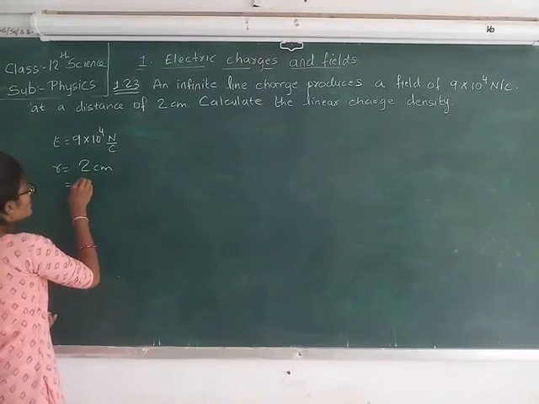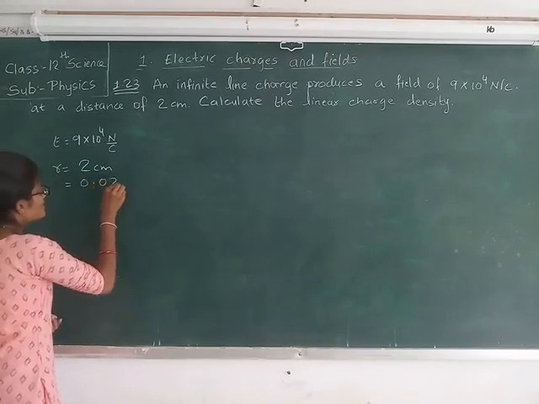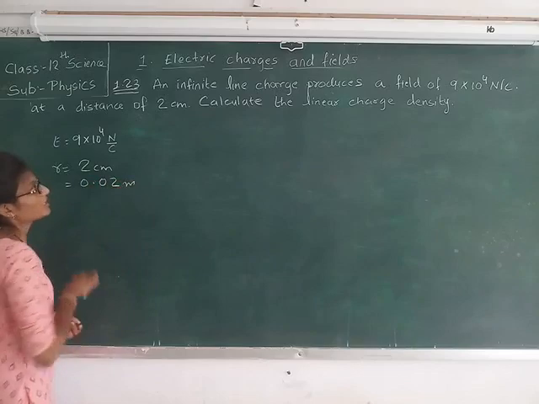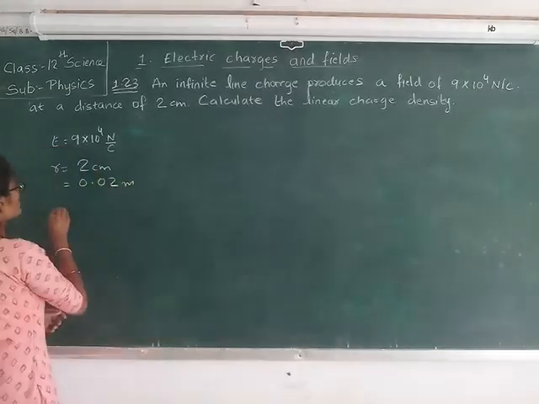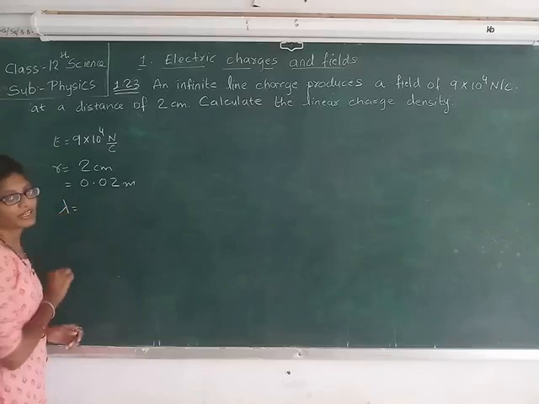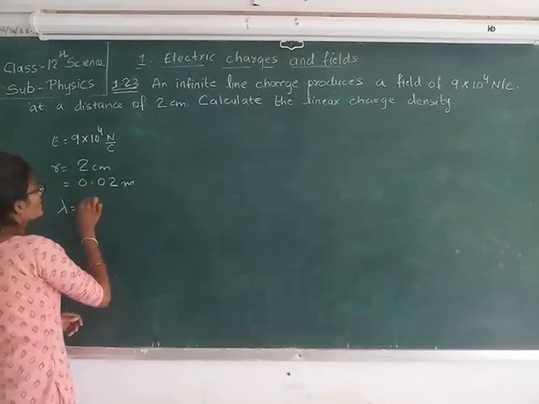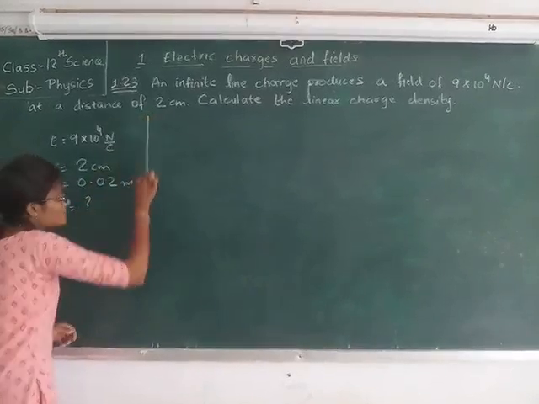Converting that into meter, it is 0.02 meter. Calculate the linear charge density. So what we need to find is lambda, which is the denotation for linear charge density.